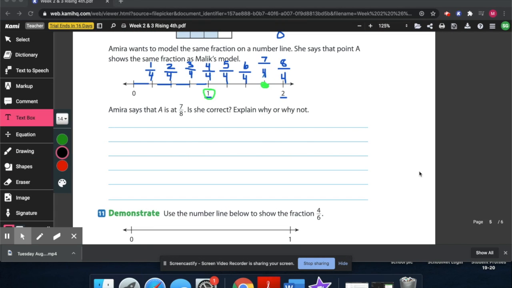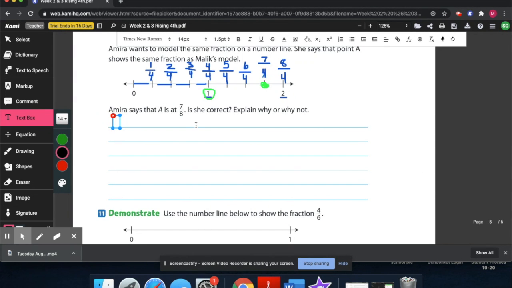Amira says that A is 7/8. Is she correct? Explain why or why not. So we're going to say Amira is not correct. She put 7/4 as the answer on her number line.